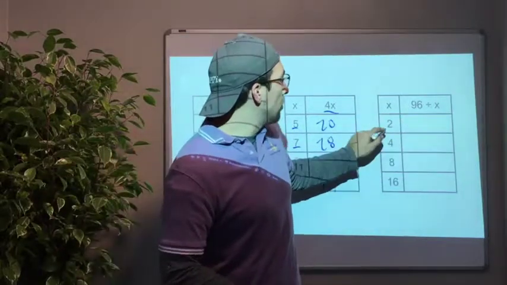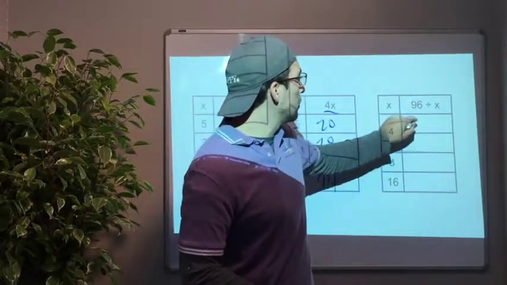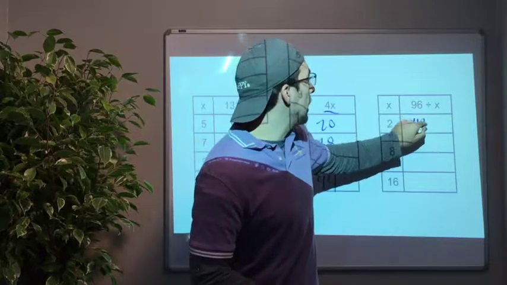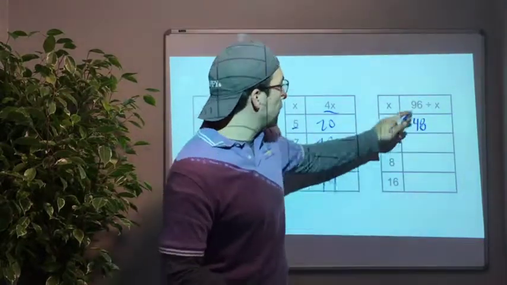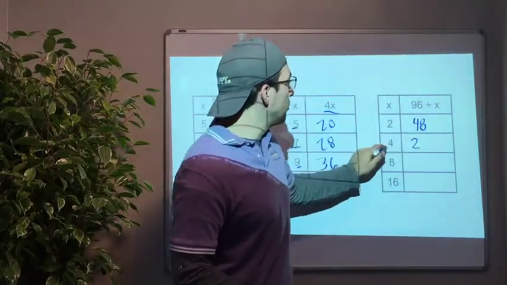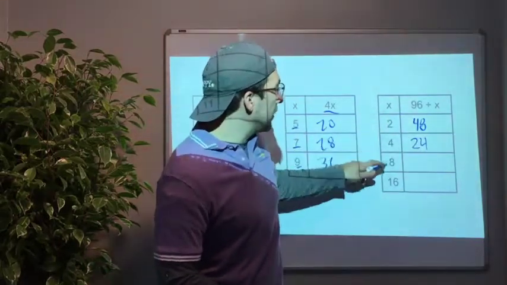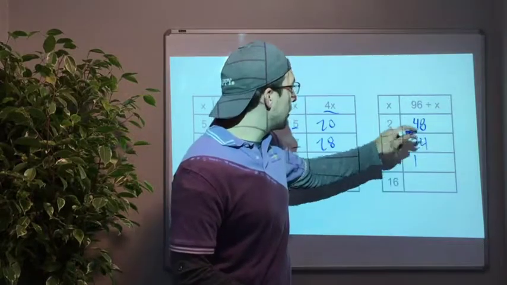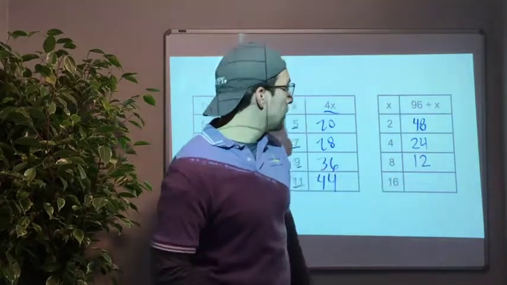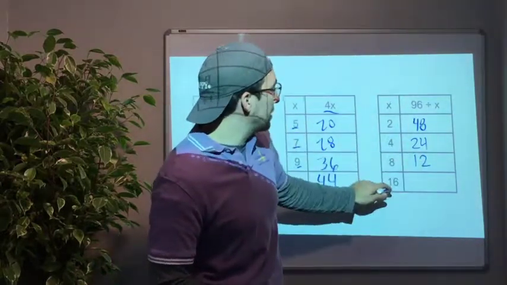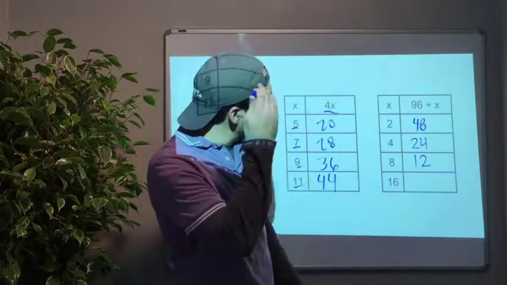96 divided by 2. Well, 9 divided by 2 is 4, carry my 1, 48. 96 divided by 4 is 24. 96 divided by 8 is 12. And then 96 divided by 16. I can't do this mentally.